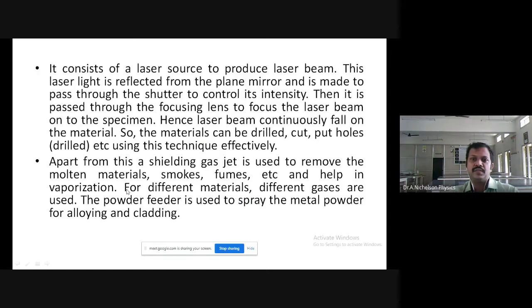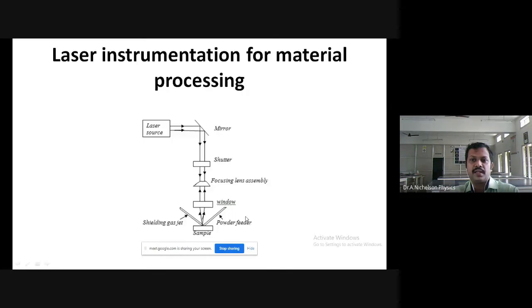What's the use of this? For different materials, you can have different gases. So that is in the shielding gas jet. And the powder feeder is used to spray the metal powder for alloying or cladding.